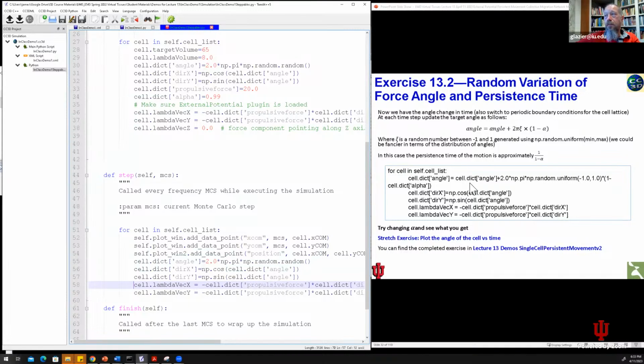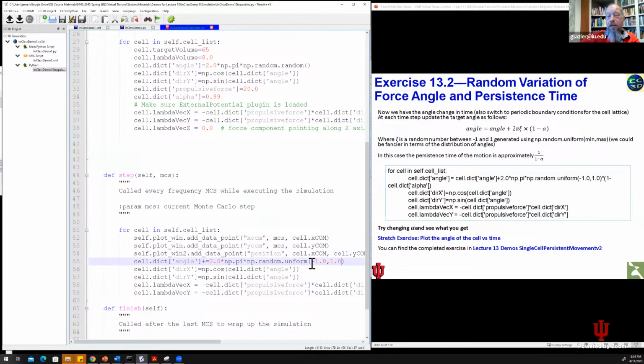I'm adding something to cell dict, so instead of retyping cell dict angle, I'm just going to do a plus equals here. And now I want np.pi. Instead of using random.random, I want a number between -1 and 1, so I'll use uniform, -1.0, comma 1.0.